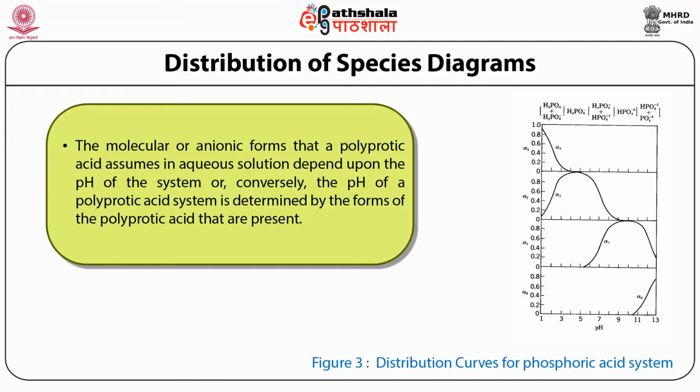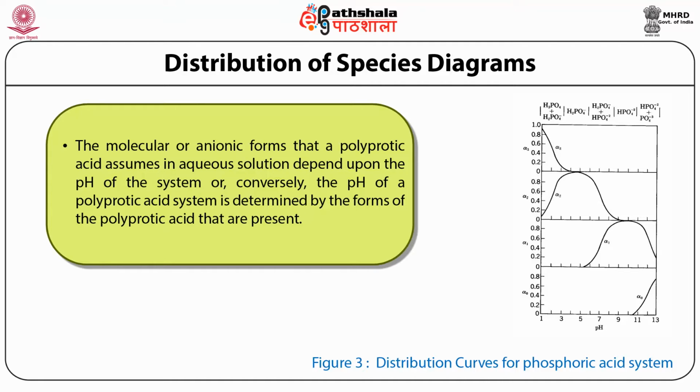A plot of the fraction of the total polyprotic acid present as each species versus pH is referred to as a distribution diagram. In this diagram, in different regions of pH, you can see different amounts of H3PO4.